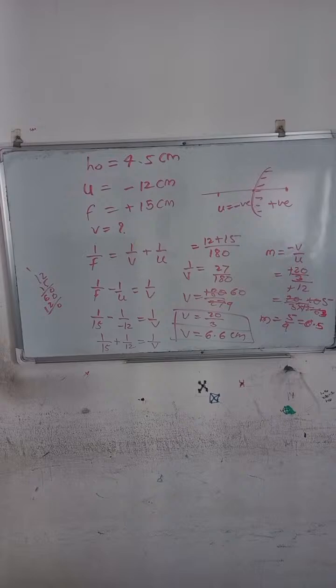So first bit is write the type of mirror he should use. Second, find the linear magnification of the image produced. Third, what is the distance between the object and its image. And last, draw the ray diagram to show the image formation.